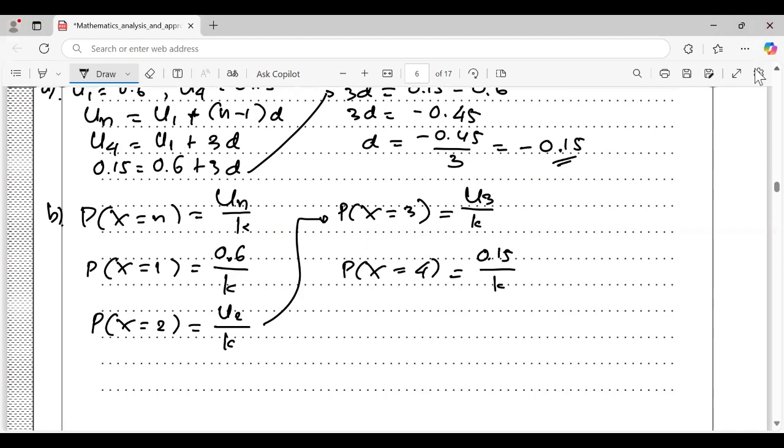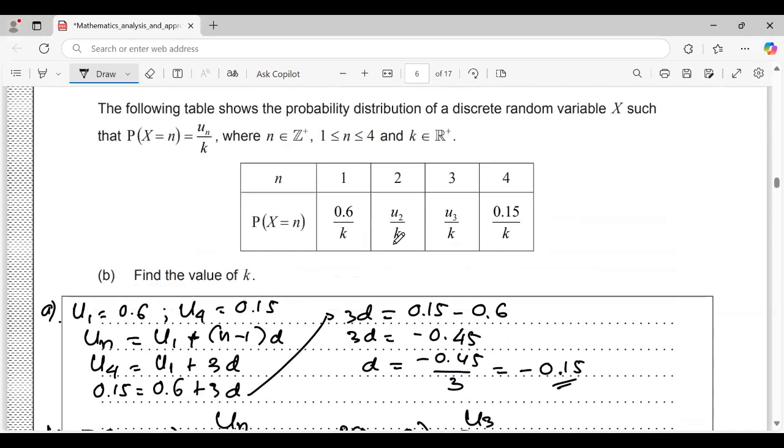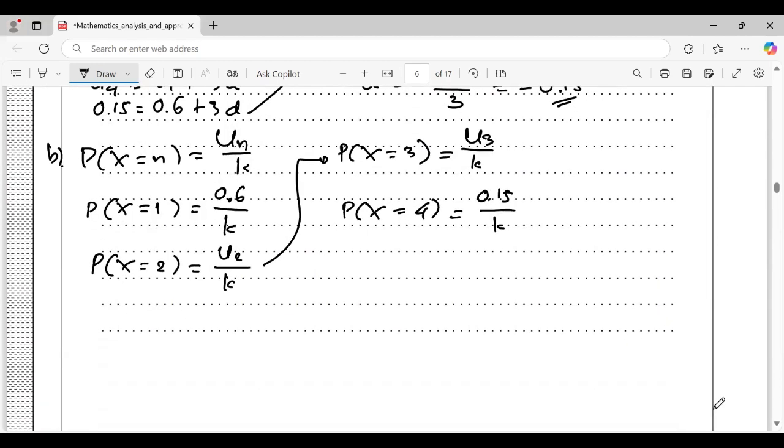So you can evaluate through this table. I'm going to show you. N equal 1, this one, n equal 2, this one, n equal 3, this one, 4 equal this one. Right. So the maximum probability value is equal 1. So probability x equal 1 plus probability x equal 2 plus probability x equal 3 plus probability x equal 4, and it is 1.